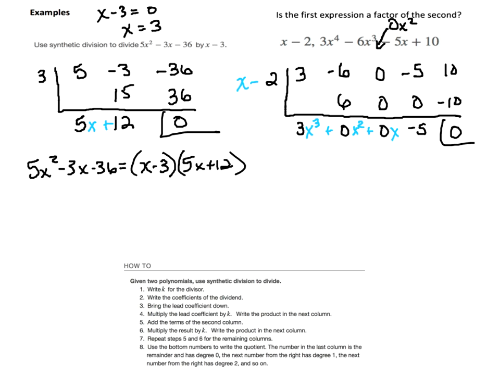Both the divisor and the quotient are factors of the polynomial, so this tells me 3x to the 4th minus 6x cubed minus 5x plus 10 is equal to x minus 2 times 3x cubed minus 5. And I have no remainder, so both of those are factors.